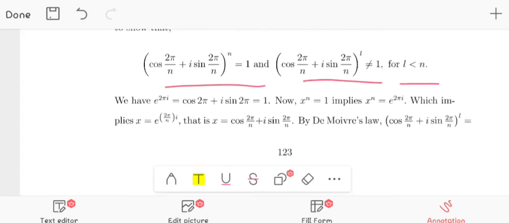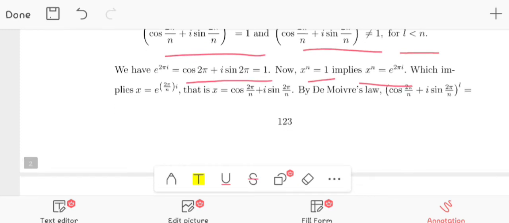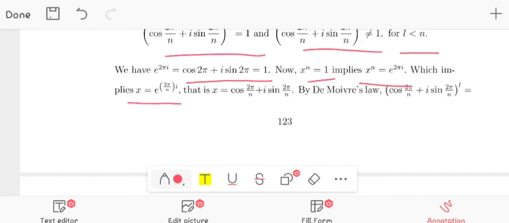We have e^(2πi) = cos 2π + i sin 2π, and it is equal to 1. Now let x^n = 1, which implies that x^n = e^(2πi), which implies that x = e^(2πi/n). So here in the place of 2π we have 2π/n now.